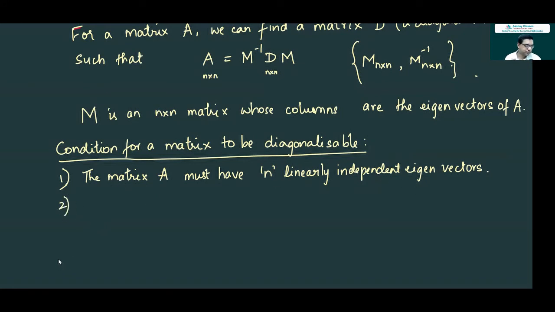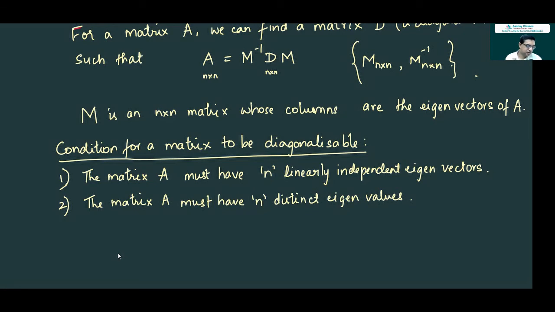Second, the matrix must have n distinct eigenvalues. The first condition is necessary and sufficient. Second condition is sufficient. A matrix must have n distinct eigenvalues.